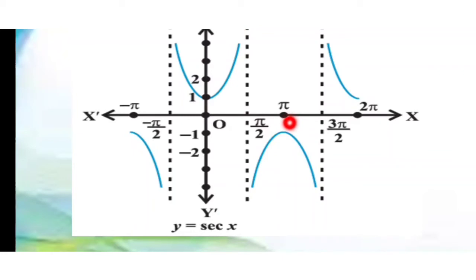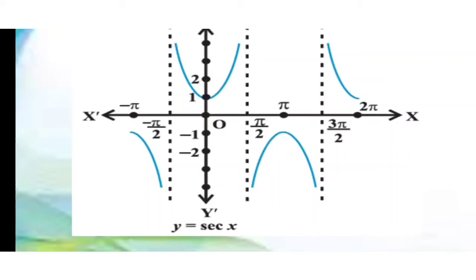And sec of pi is minus 1. In the same way, sec of 270 is not defined. So in this manner, when we are plotting the points, we get this type of graph.